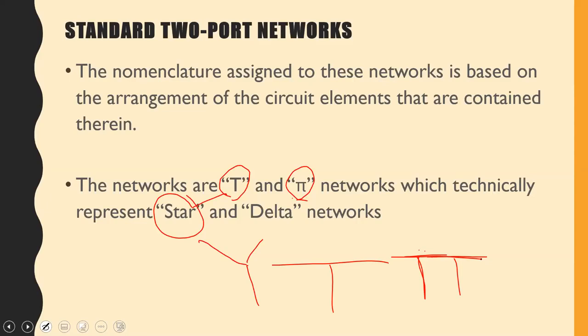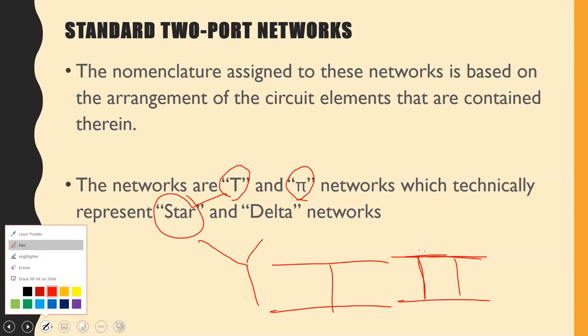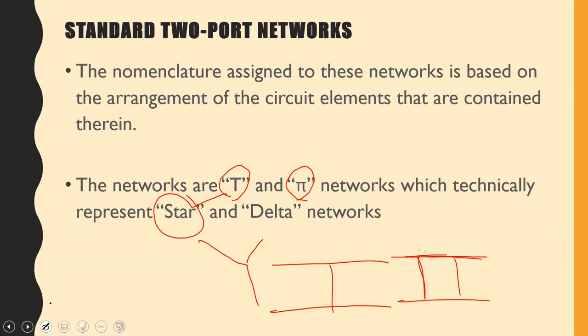And since we're talking about two-port networks, there must be a pair of terminals. So for the T, that's it, and here we have our pi. In essence, this would be port 1, and this would be port 2. Similarly, this will be port 1, and this will be port 2.